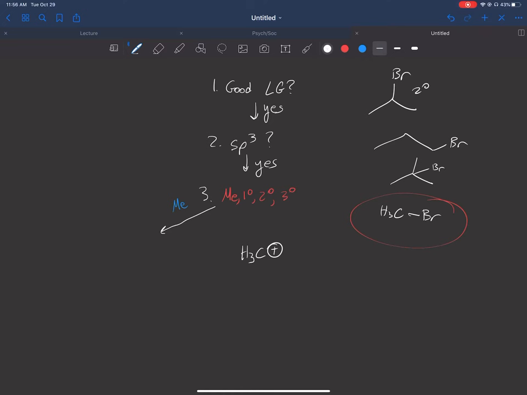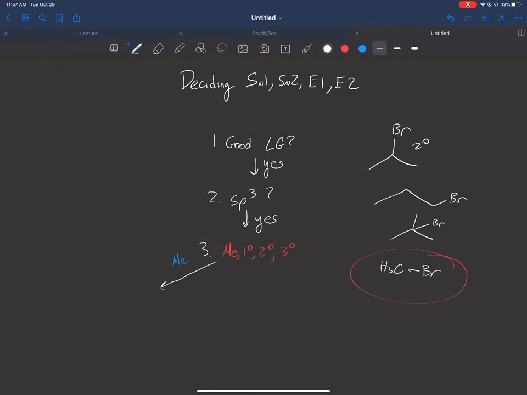Well, we know that when talking about carbocation stability, the more substituents, the better. Tertiary is really stable. Secondary, a little bit less. Primary, not that stable. Methyl, no carbons whatsoever, really unstable. So if we have a really unstable carbocation, then it's just not going to form. But SN1 requires a carbocation. So if the carbocation won't form, we won't get SN1.